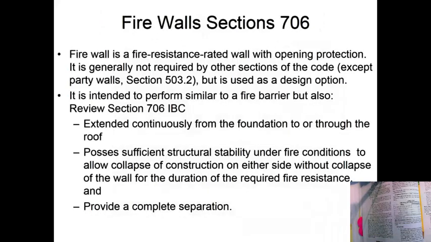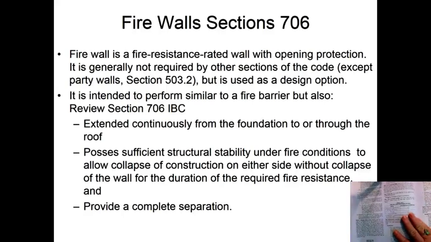Let's go back to 706. You're going to learn a little bit about that because we want that firewall, of course, to go all the way from the foundation all the way through the roof, and we want to make sure that it's protecting that. Okay, that's just like the little drawing that I did for you. Fire resistance walls, you can look at table 706.4.